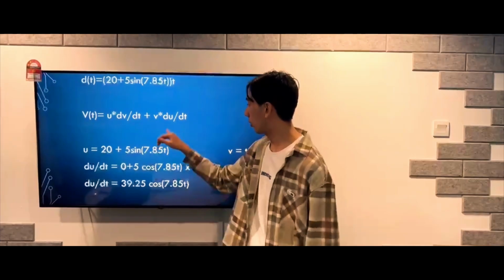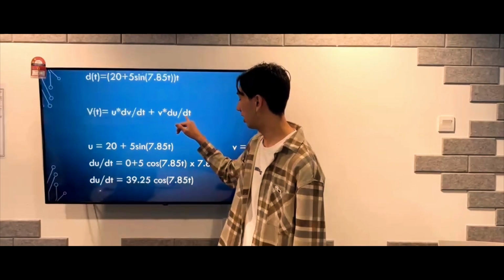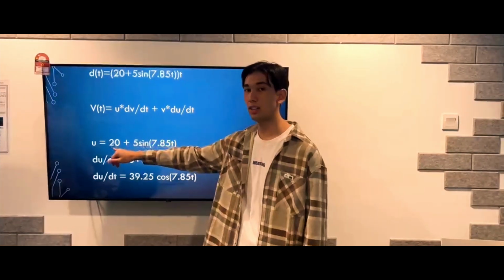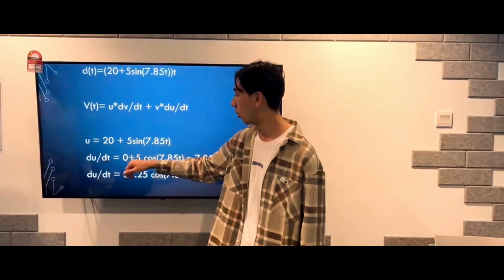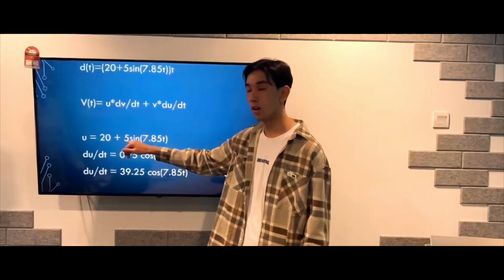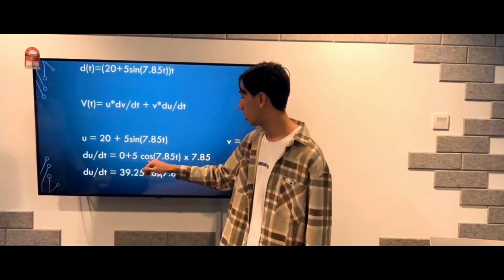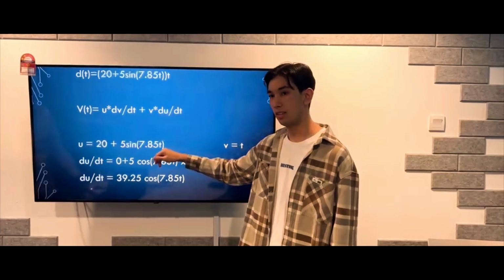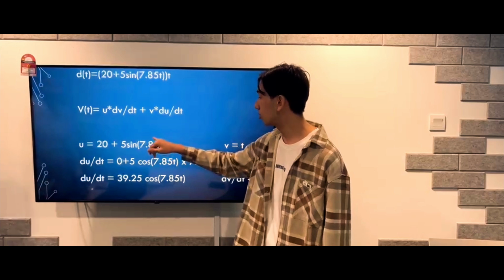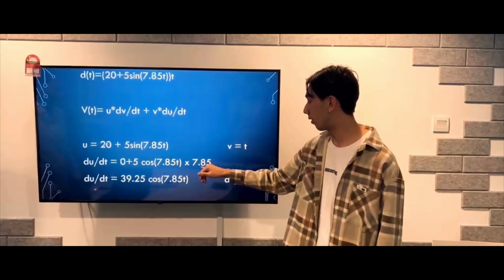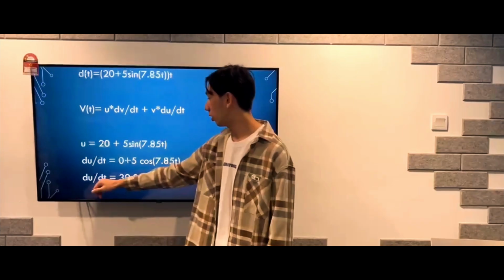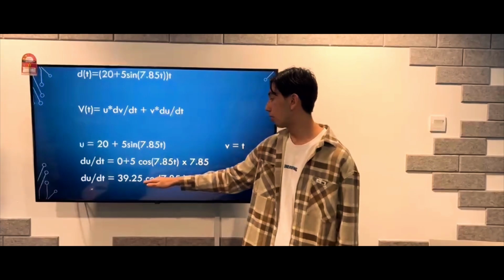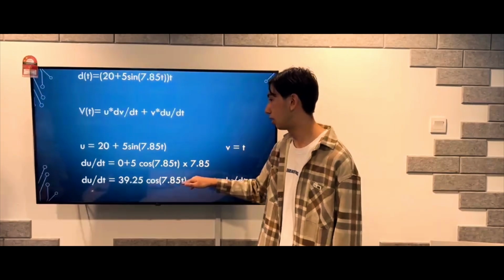To find our du by dt, we differentiate u. So 20 is a constant, getting 0. From 5 sin, we get 5 cos 7.85t, and after differentiation of this term, we get 7.85. So our du by dt is equal to 39.25 cos 7.85t.